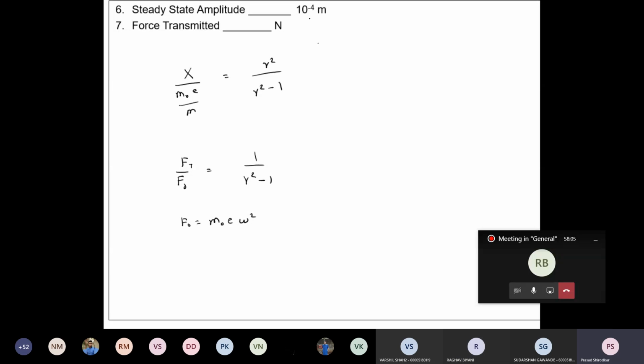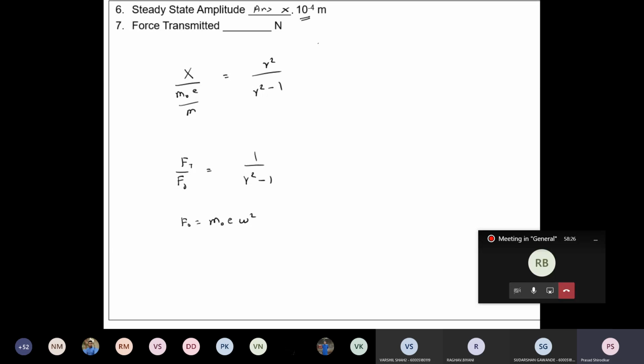Write your answers again by rounding off to the whole number. So here, the answer is written in this format: your answer, whatever it is, into 10 raised to minus 4 meters. So it should be in the same format.